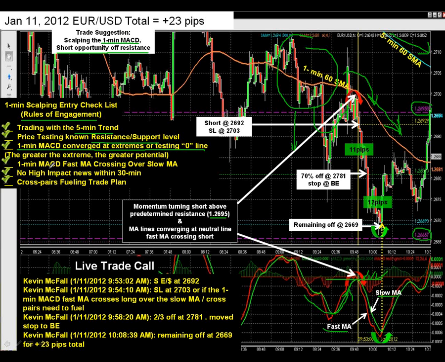So we've identified that we're crossing over the slow moving average. We have no high impact news coming out, and the last question is, do you have cross pairs fueling the trade? Well, on Eurodollar, what we have here is our dollar Swiss is moving long. Dollar Swiss move long. That will help fuel the Eurodollar short.